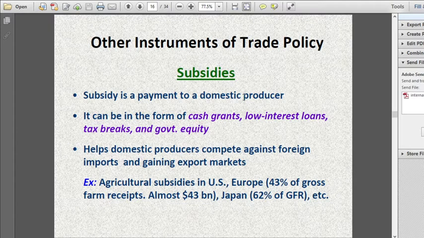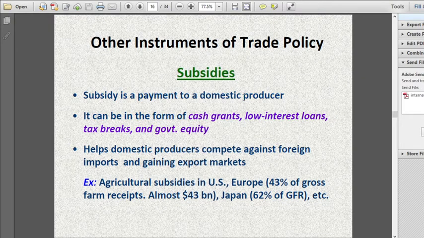Other instruments of trade policy include subsidies. Okay, a subsidy is a payment to a domestic producer. It can be in the form of a cash grant, low interest loan, tax break, and government equity. It also helps domestic producers to compete against the foreign market, gaining export market.